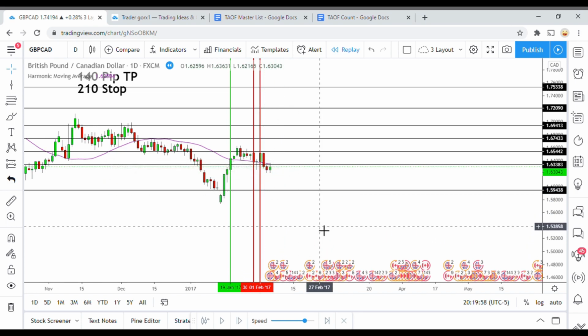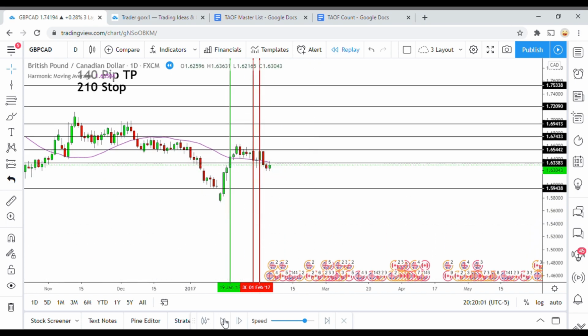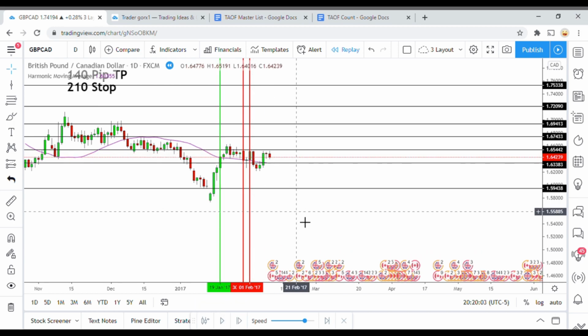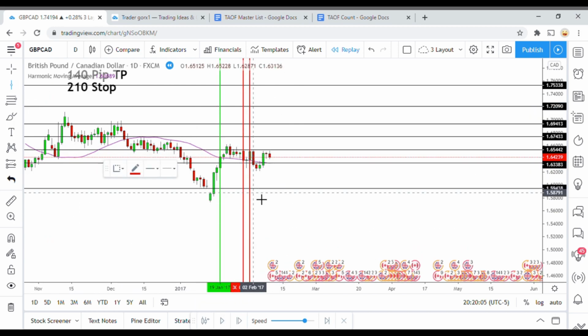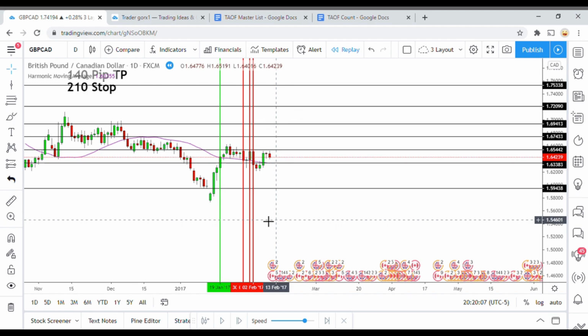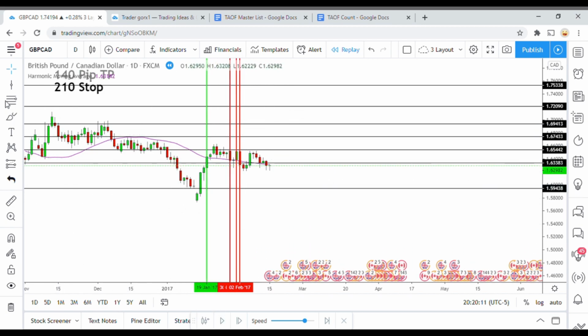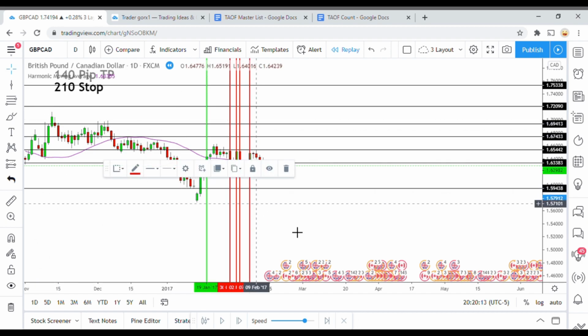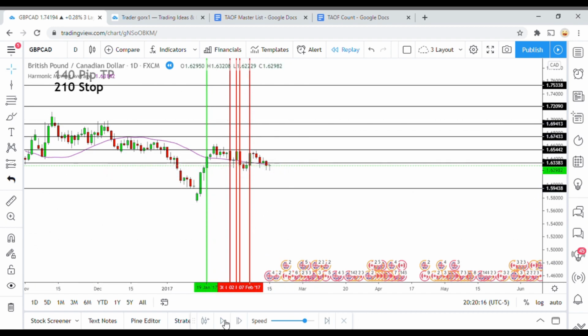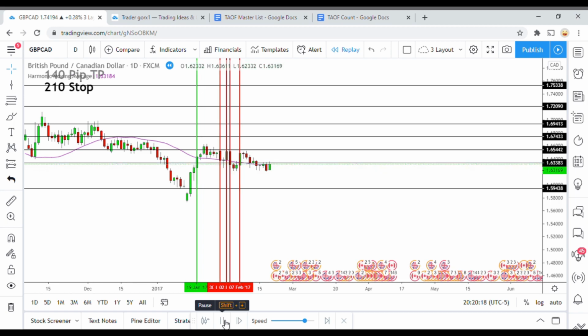All right, so we get a jump to the upside right there. That one also does not work out for us very well. To the downside there. Again, no take profit. Cross to the upside. And again, no take profit.